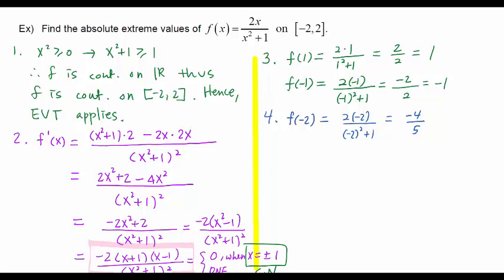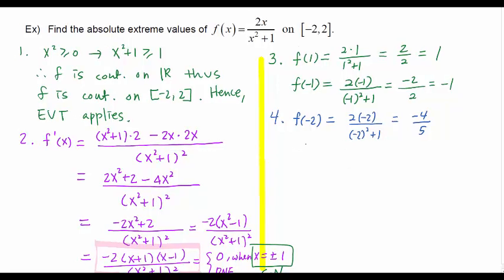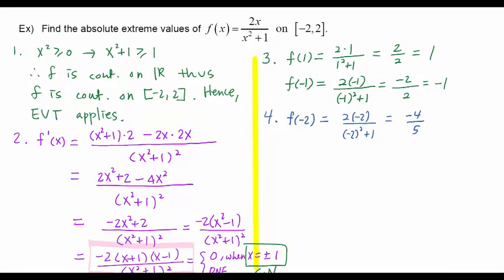And then I had another endpoint, which was 2, and f of 2 is 2 times 2 over 2 squared plus 1. That is positive 4 fifths.